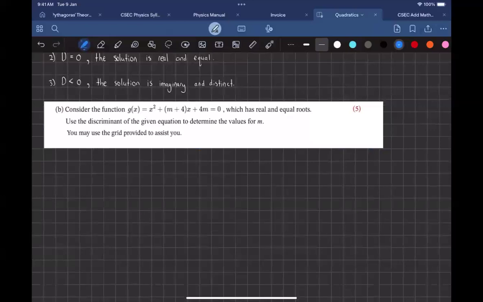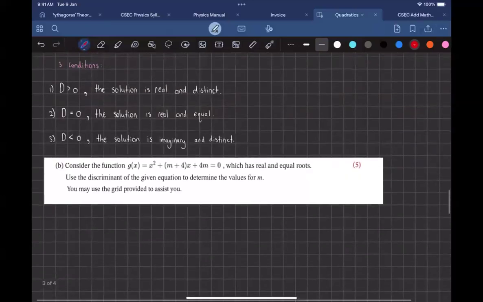So what condition are they inferring? Real and equal, so the discriminant is equal to 0. Right. I just want to pull out a, b, and c.